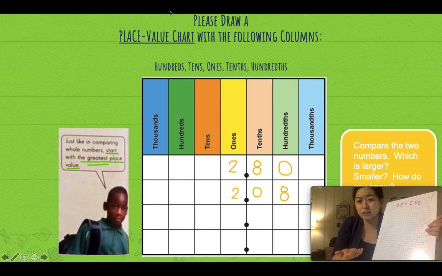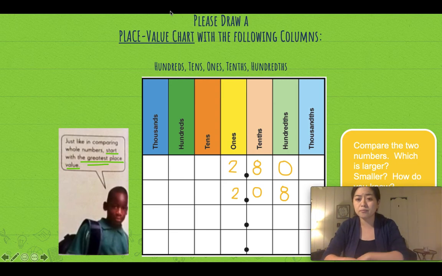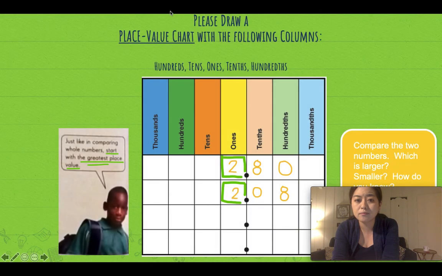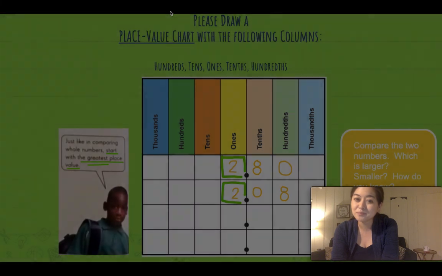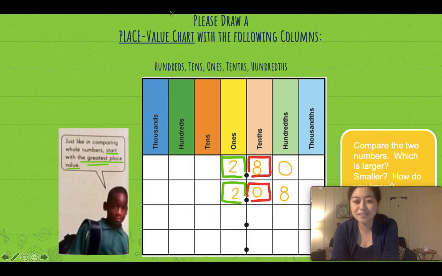So what's the greatest place value? If you said the ones, you're right. So let's compare the ones. So we have a 2 and a 2. They're the same. That doesn't help us. So we're going to move on to the next biggest place value. What's that? If you said the tenths, you're right.